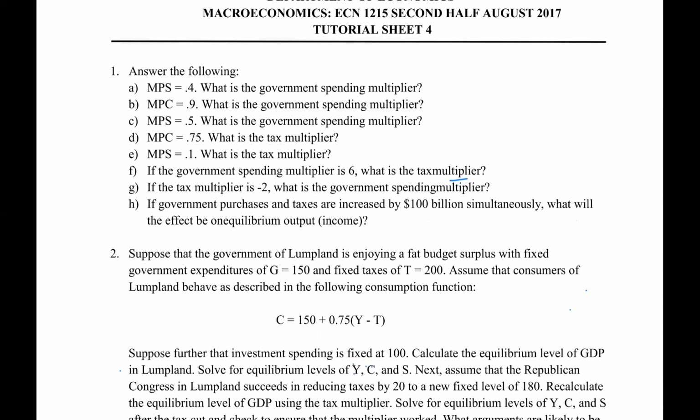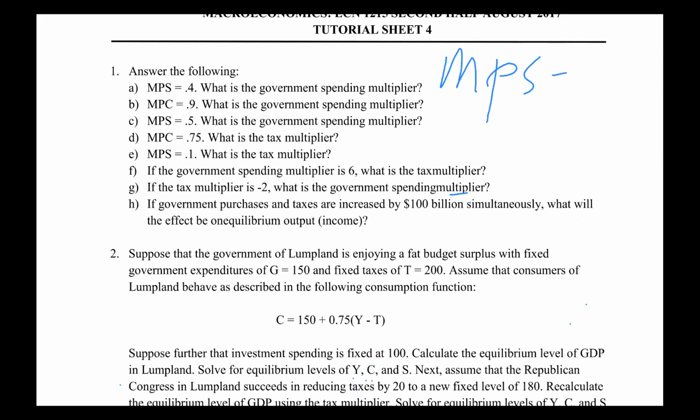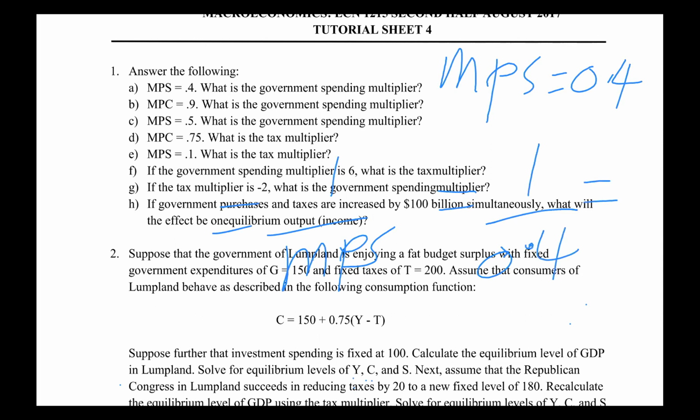If the MPS is 0.4, what is the government multiplier? The government multiplier is given as 1 over MPS, right? Yes, that's what was said. 1 over MPS.